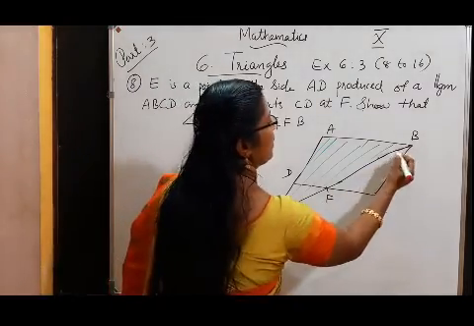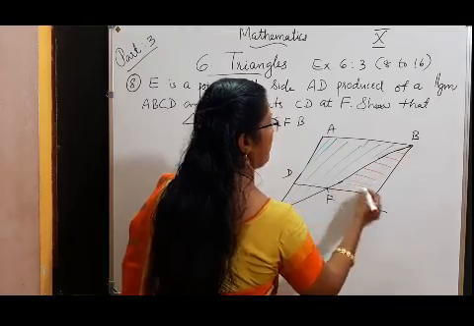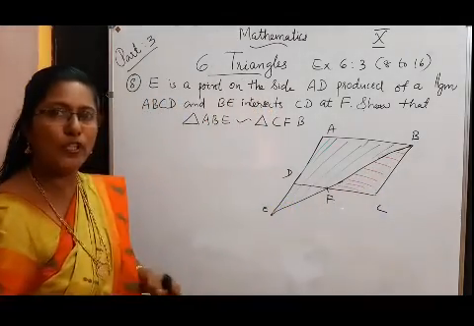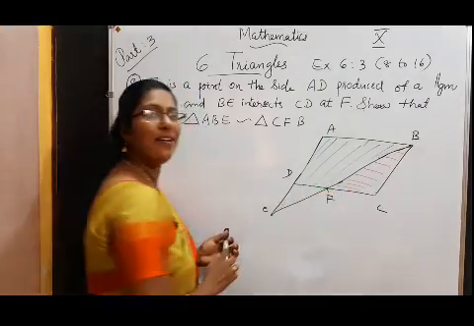This is triangle ABE, and this triangle represents CFB. We want to prove these two triangles are similar.